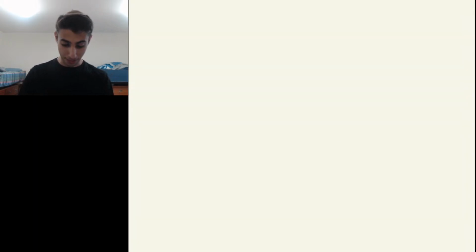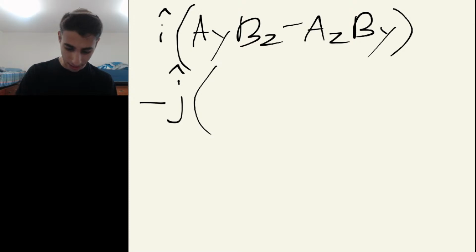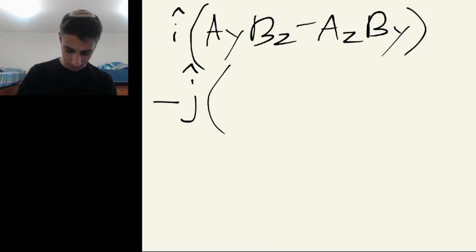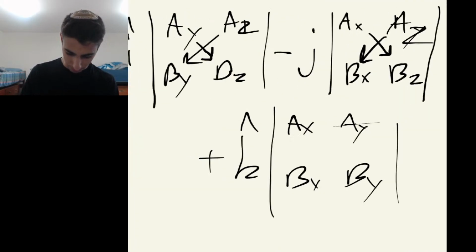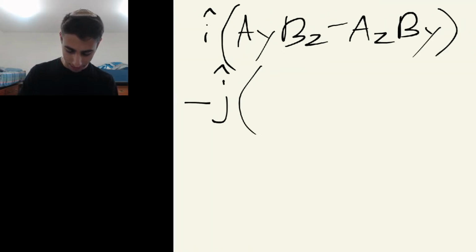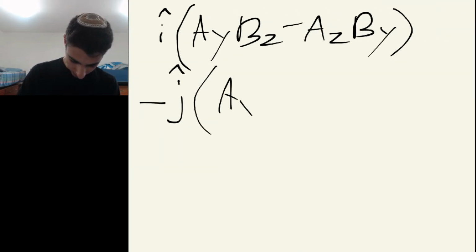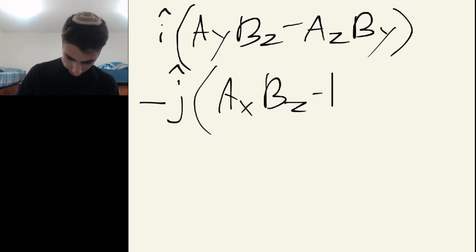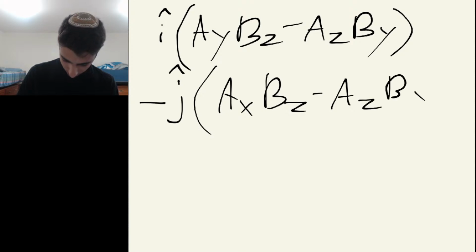Moving on, or moving back really. So it's going to be j times its thing, which is going to be ax bz minus az bx, and then plus k hat.